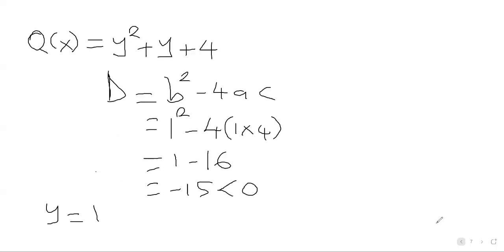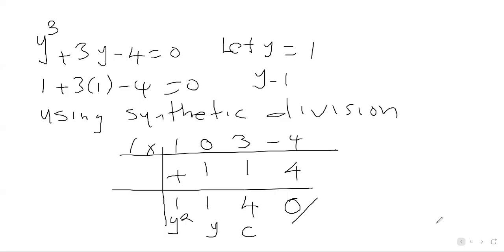Okay. So when you go back to this part here, we said when solving a cubic function, or any equation whose highest exponent is 3, you have to look out for a value of y that you put in this function in order to obtain a 0.